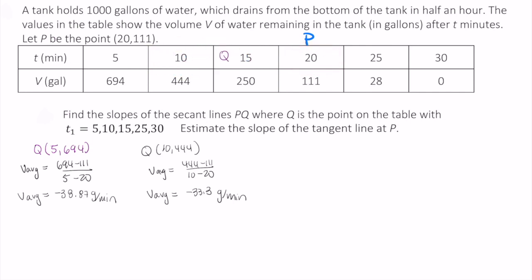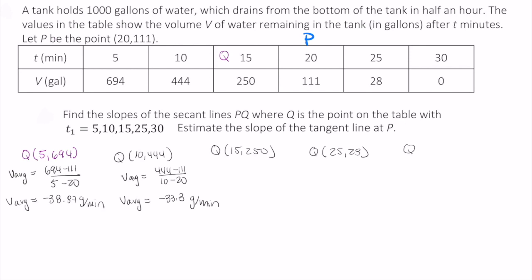So I think you're seeing the idea here. So now Q is (15, 250), and then we're going to let Q be (25, 28), and then finally, let's see if I can squeeze one more in here. And then the final point we're going to let Q be is the 30-minute mark, when there was no water left in the tank.